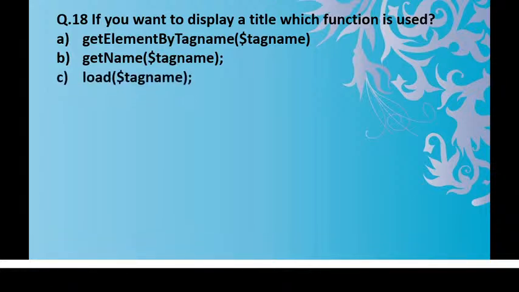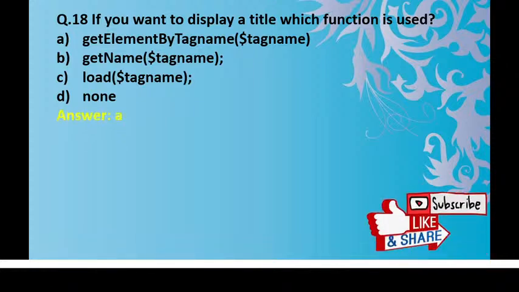C, load, in bracket, tag name. D, none. You use this function in practicals also. Please type your answer in the chat box. We are using the function A, getElementsByTagName. Option A is correct answer.